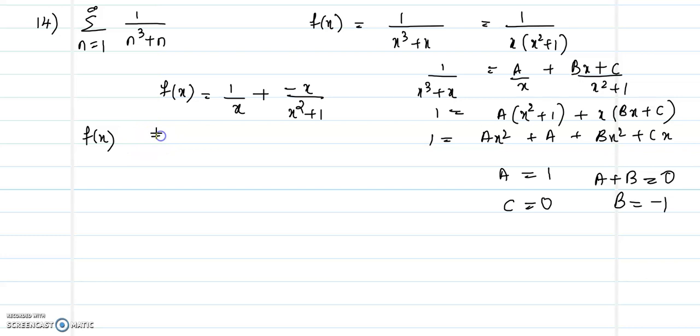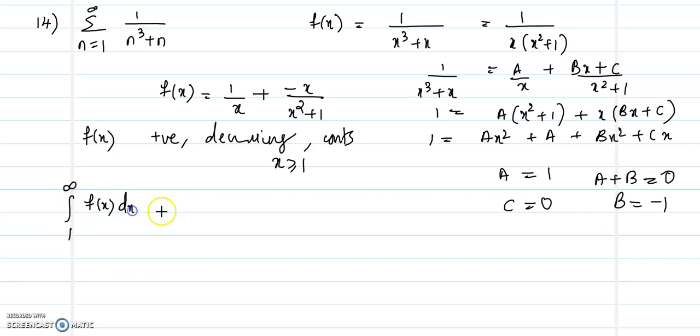From there we can see that it is positive whenever x is greater than or equal to 1, and as x increases, the f value is decreasing, so the function is decreasing, and the discontinuity is at x equal to 0. So it will be continuous whenever x is greater than or equal to 1. So f is positive, decreasing, and continuous for x greater than or equal to 1. So we need to evaluate the integral from 1 to infinity of f of x dx.